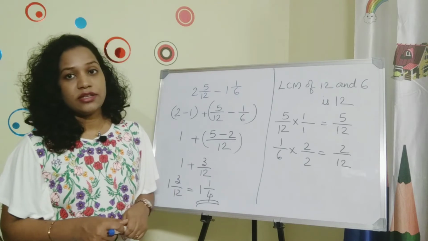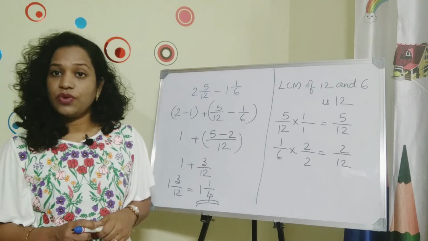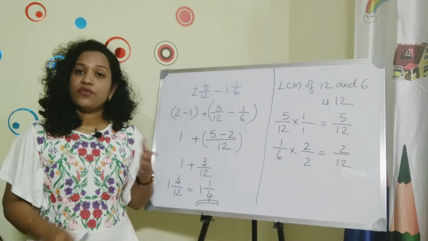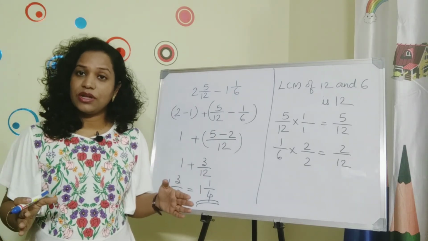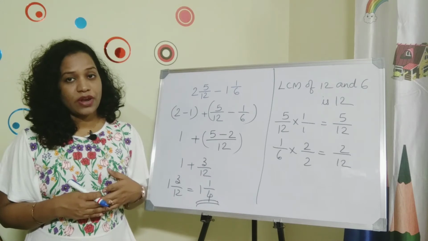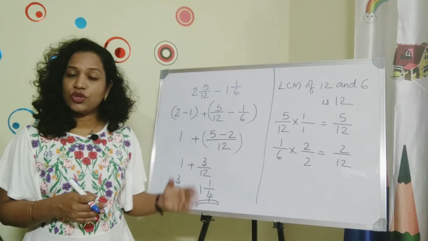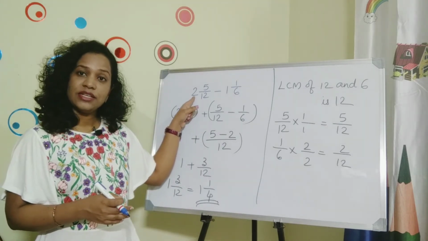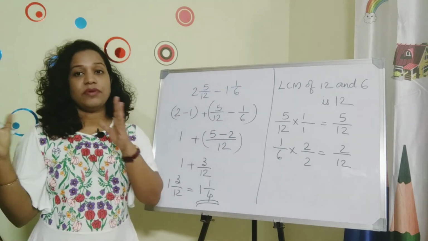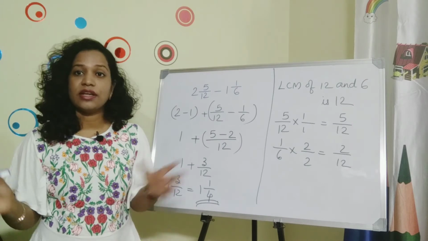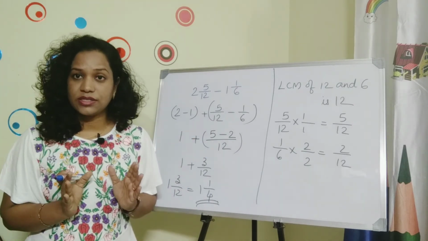So to subtract mixed fractions, we have two methods. One is convert all the mixed numerals into improper fractions, then solve them. Otherwise, subtract the whole numbers first and subtract the fractions after that, add those answers.